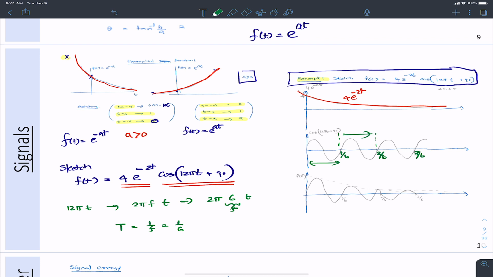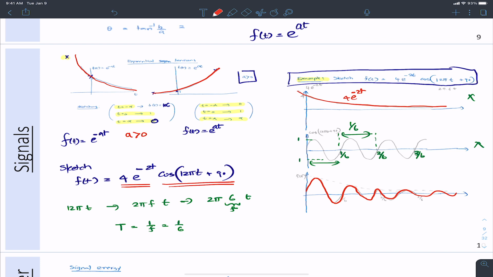Each of them is 1 over 6. Now you basically multiply. This amplitude is 1. You just multiply this signal and this signal, and then the resulting signal will go up high in amplitude, and then gradually the amplitude will be reduced.